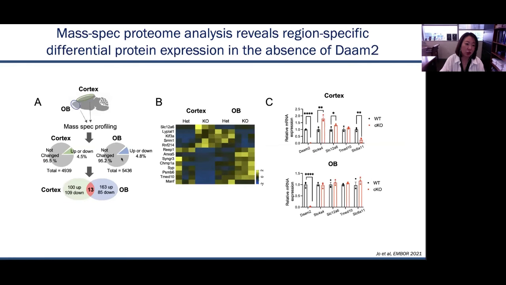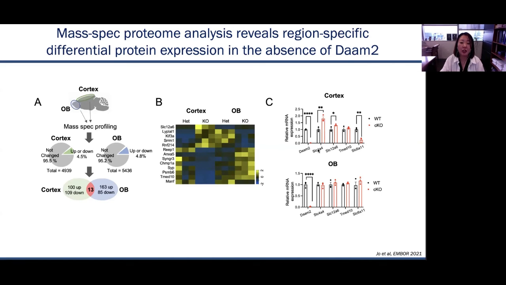So we did screening, a mass-spec screening, in two different brain region areas. Then we found this much gene set difference. And there are 13 genes that are uniquely shared. If you look at this heat map of these 13 genes, their expression is very diverse between the cortex and olfactory bulb. So we picked one of the genes and did the functional study.